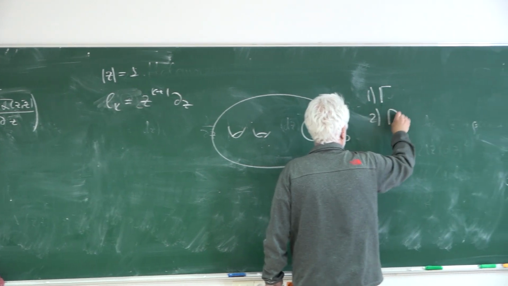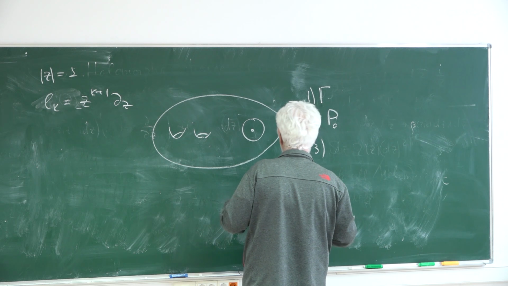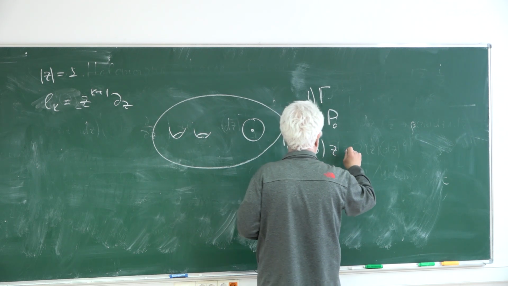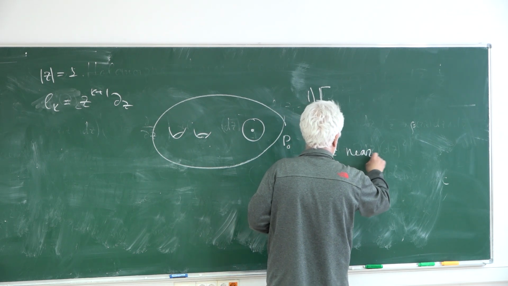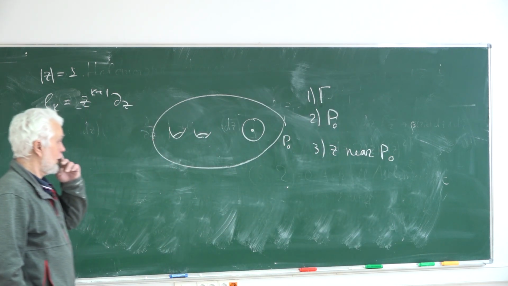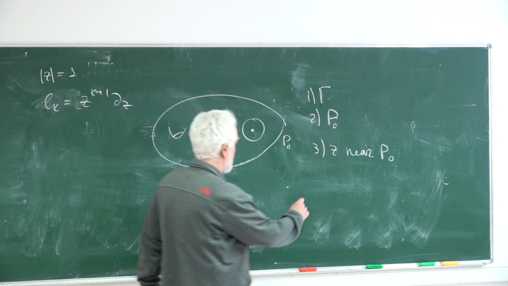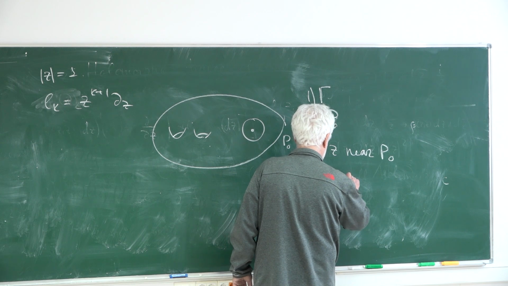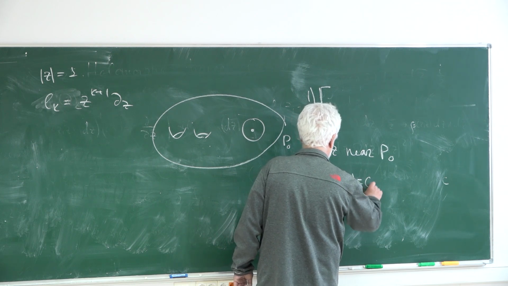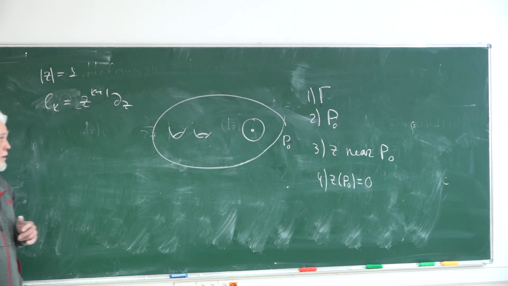Second, a marked point P, or P0. The third, a local parameter. So we have gamma, a marked point on gamma, and a local coordinate system near this point.